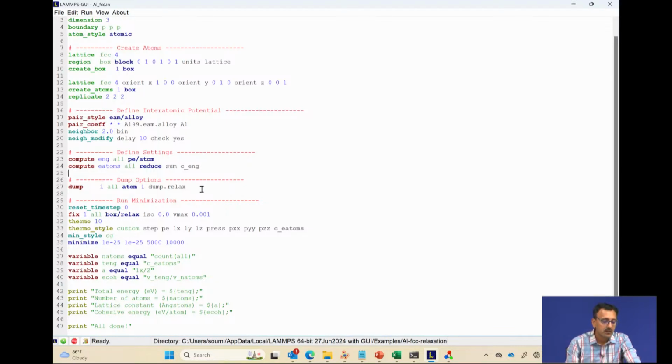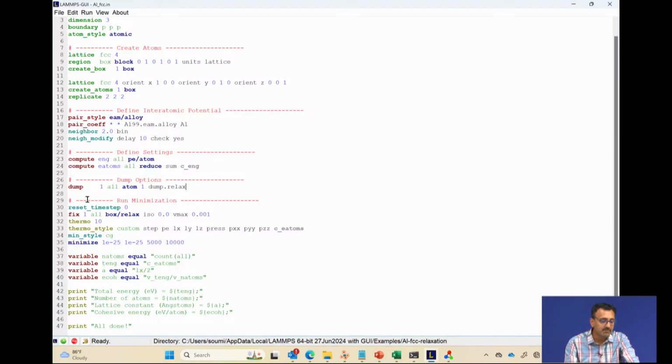Next, we are interested in the trajectory. We want the raw data as the simulation evolves. So this command dump is an output command. In this case, we want to output all atom coordinates in this system at atomistic resolution, with a specified frequency, and record it in a file that we call dump.relax. You can name your own file.